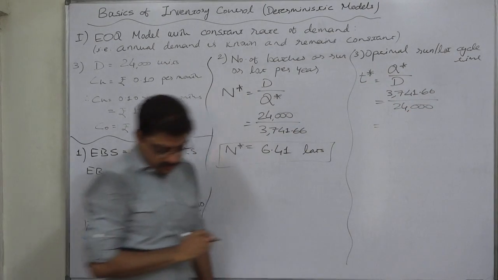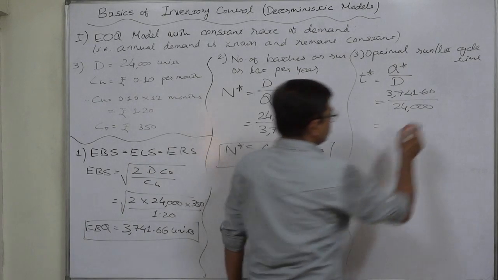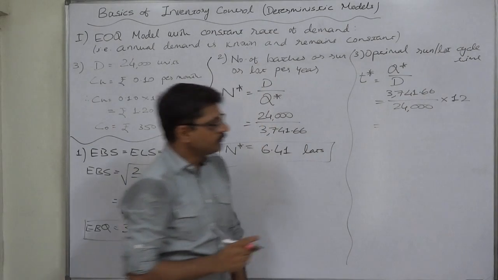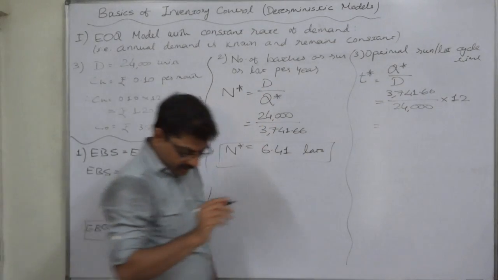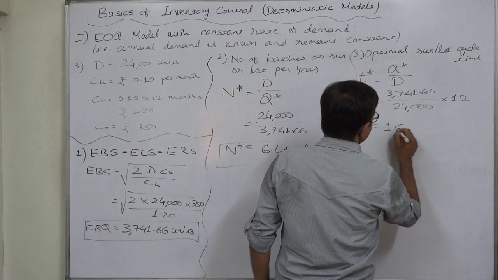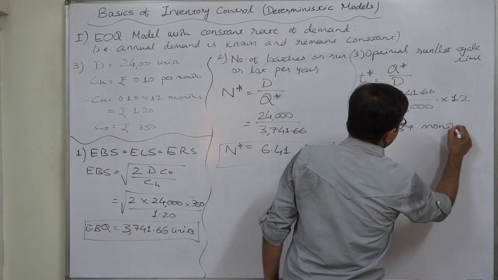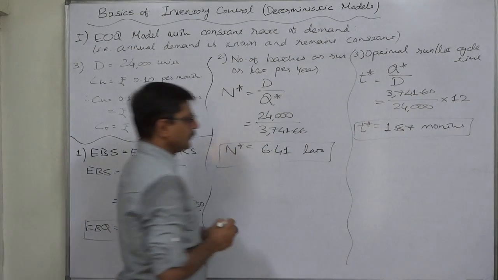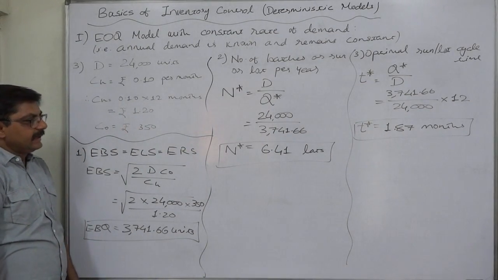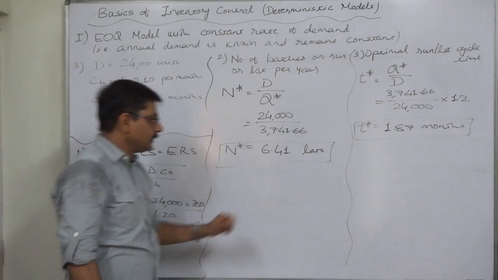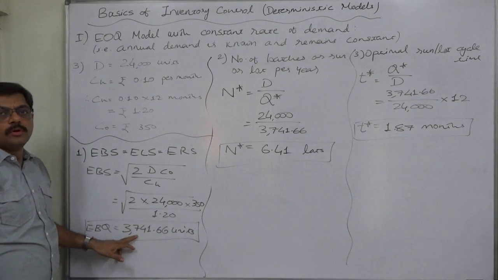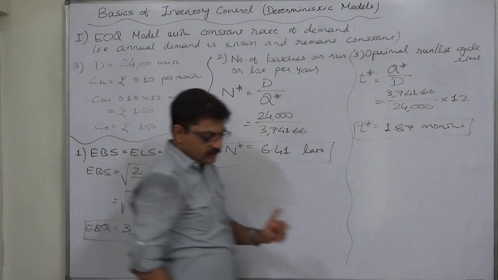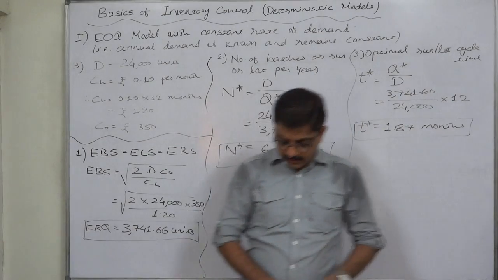The same comes in number of years, so let us multiply it by 12. So we can have now number of months, and it comes to approximately 1.87 months. At every 1.87 months, the manufacturer has to produce this size of batch for supplying the goods to the customer.